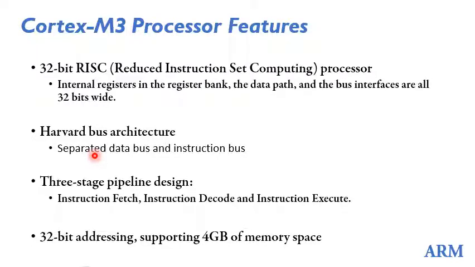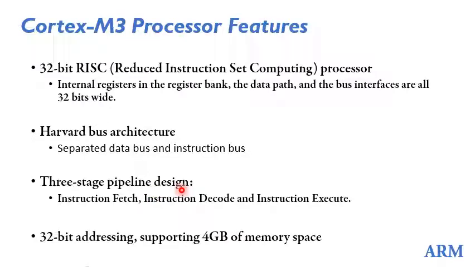So this allows parallel access of data and instruction from memory without interfering with each other, and also this helps in instruction pipeline. I mean, the data access will not interfere with the instruction pipeline, because of which the processor performance also will be increased. So it is a three-stage pipeline design.